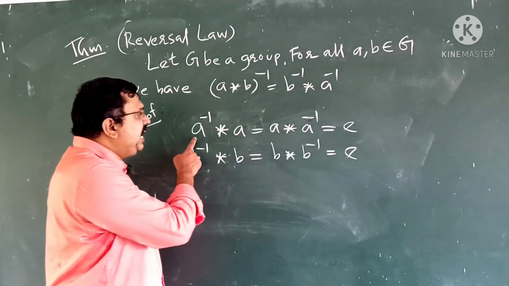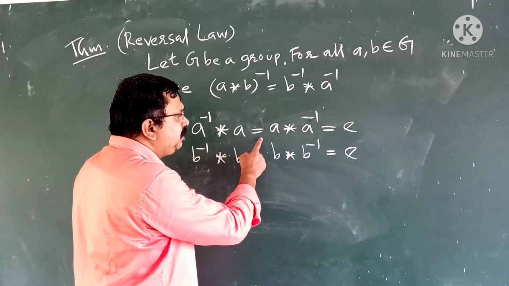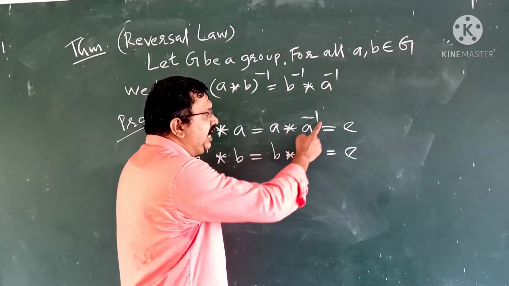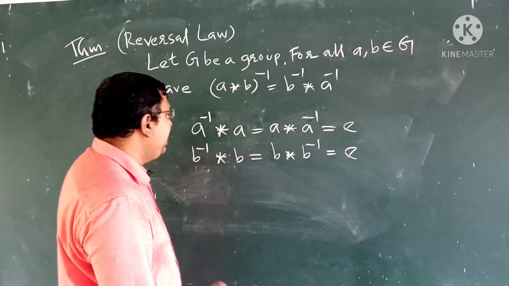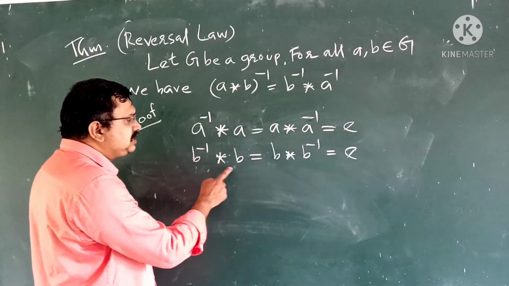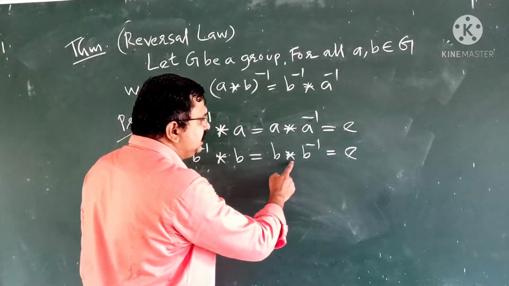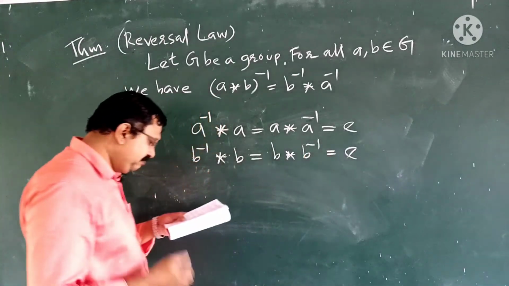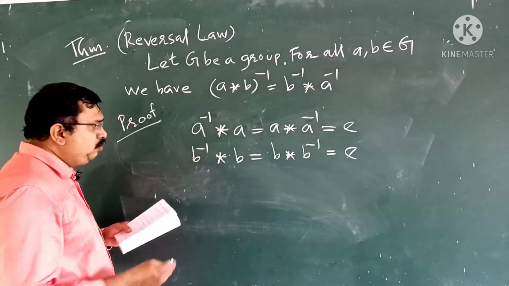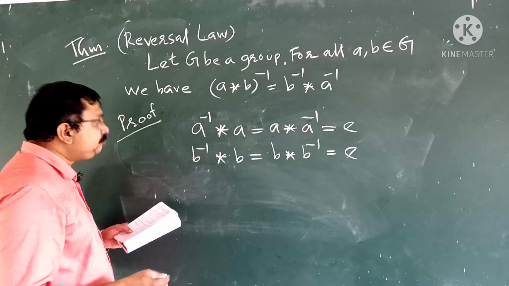Then we can write A inverse star A equal to A star A inverse equal to E, and B inverse star B equal to B star B inverse equal to E. Okay. Now listen.